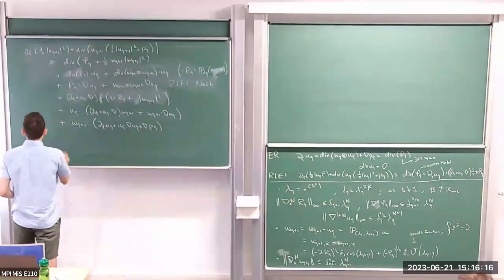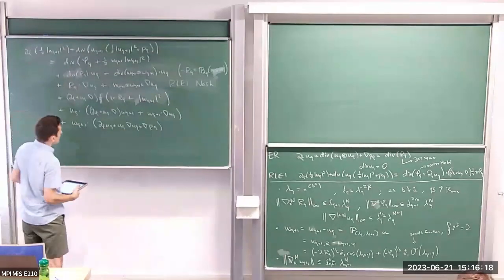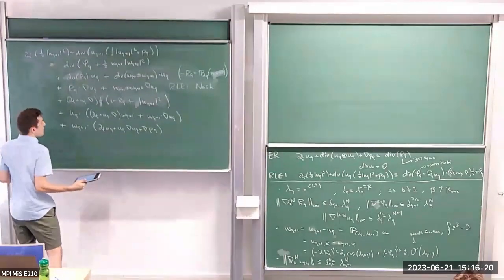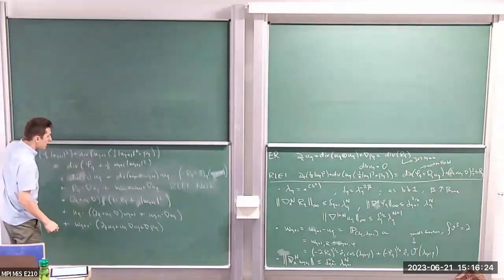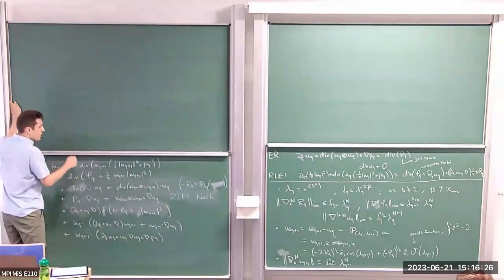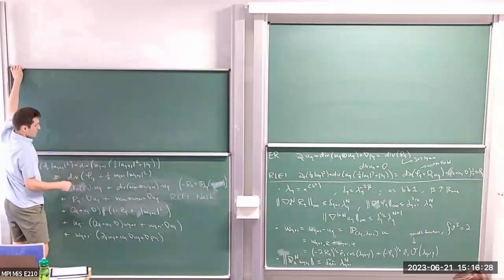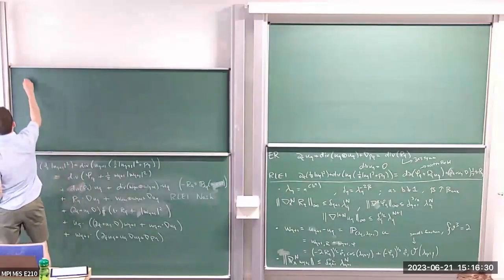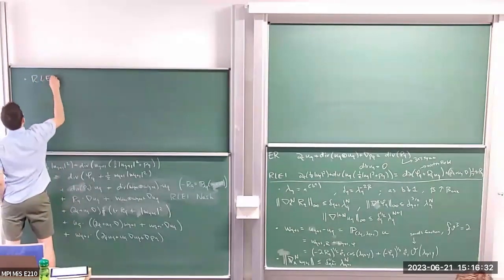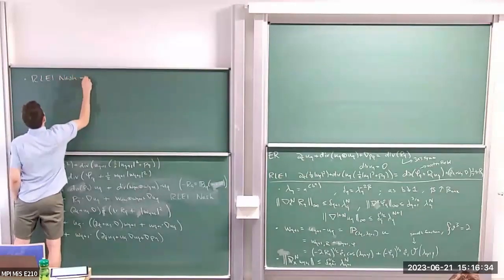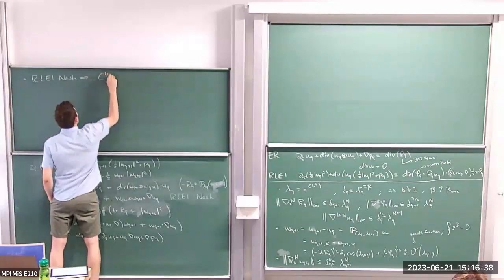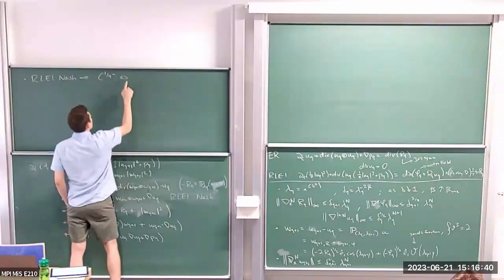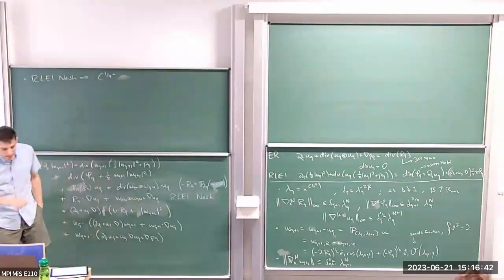What did we see yesterday? We saw that the RLEI Nash error was not so good in C alpha. So RLEI Nash, this gave us C 1/4 minus as the best possible.